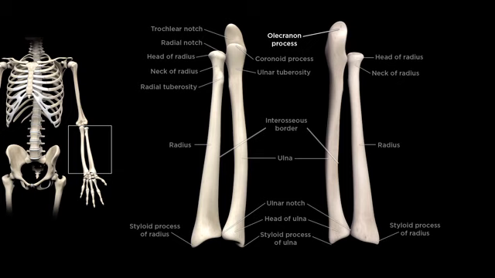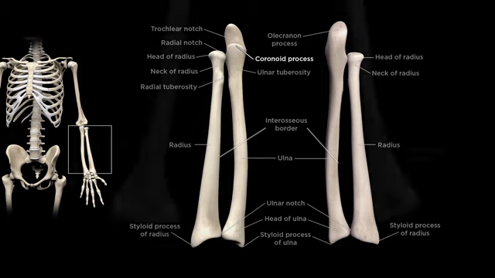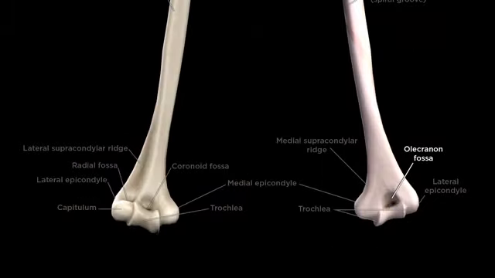The more anterior end of the trochlear notch is a small coronoid process, perhaps because it sticks up like the point on a crown. To complete the posterior part of the hinge joint, the distal humerus has an olecranon fossa, which serves as a deep spot for the olecranon process of the ulna to sit in when the elbow is fully extended.